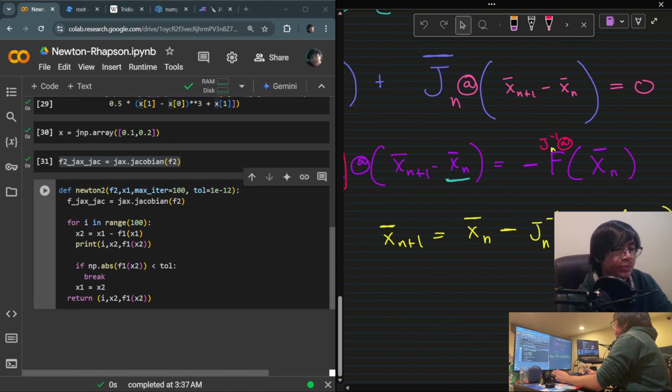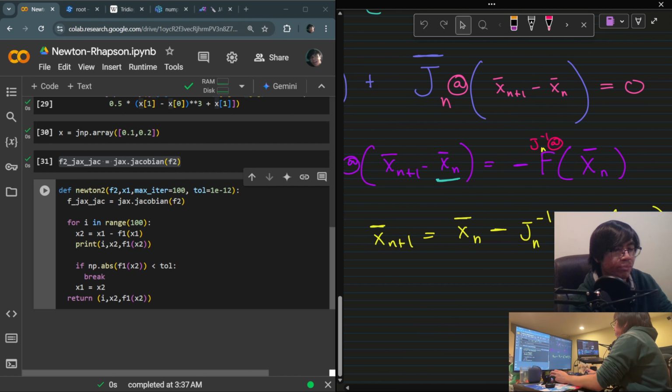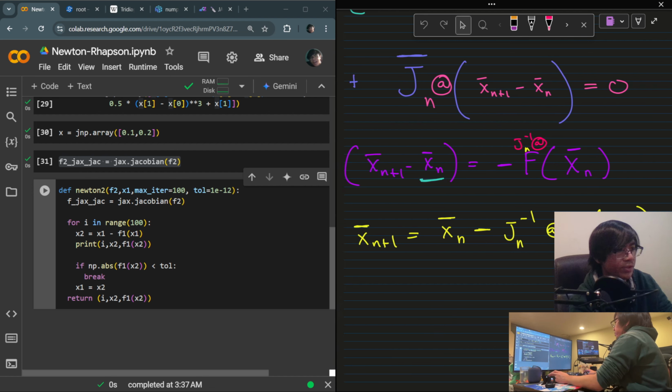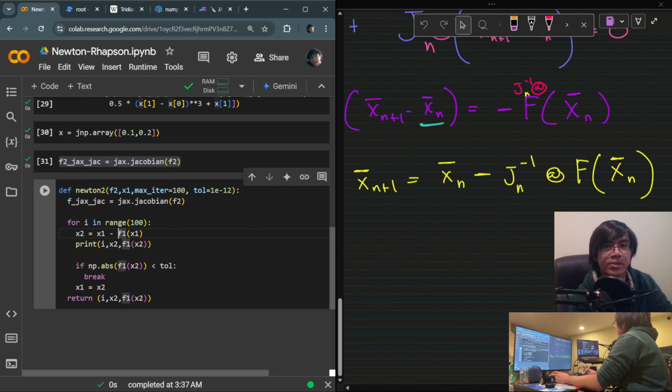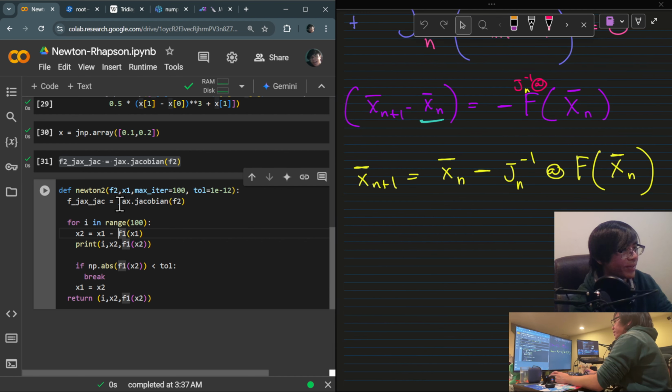Here. So we did an inverse with our Jacobian. So this is f1, x1, which corresponds to big F and xn right there in yellow above my head. And we matrix multiplied. So we have the matrix multiplication of our Jacobian, but we want it to be the inverse.